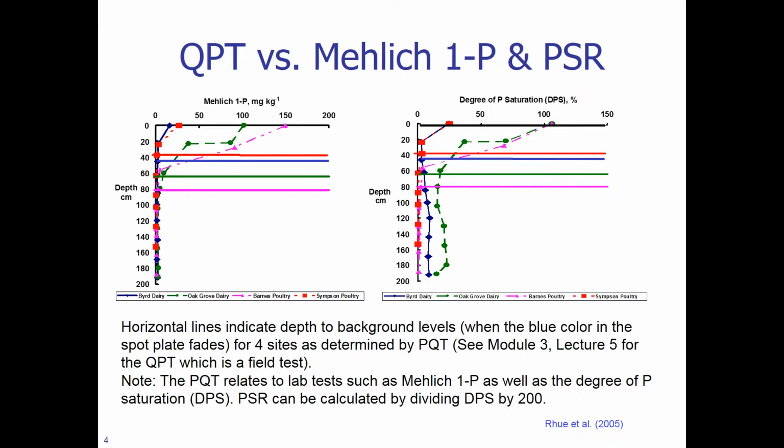Why these are different is because the PSR does not take into account the capacity of the soil to hold additional P. So what would be best here would be to calculate the SPSC instead of the P saturation. And you have seen that in previous examples, the SPSC indicates exactly where the water-soluble P, water-extractable P, and also Mehlich 1P begins to increase. Now, this is the typical example of the value of SPSC compared to that of the P saturation ratio.